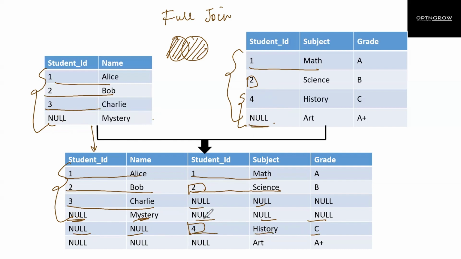Now this null is from the right table, as you can see. And again, the same thing I'm repeating because I want you guys to remember this thing, that null is not equal to null. So we are having this row from the right table, but because we do not have any respective matching row in the left table, here we are having null, null.